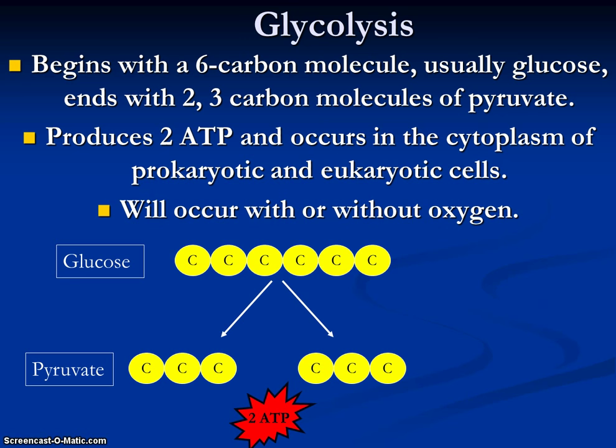It's going to break down the sugar into 2 pyruvate molecules. It's also going to produce 2 ATP. This can happen with or without oxygen, so it doesn't matter if there's oxygen present. It does matter where it occurs. Glycolysis will occur in the cytoplasm of the cell. Produces 2 pyruvate. So it's going to break glucose down into 2 pyruvate. Produce 2 ATP molecules.